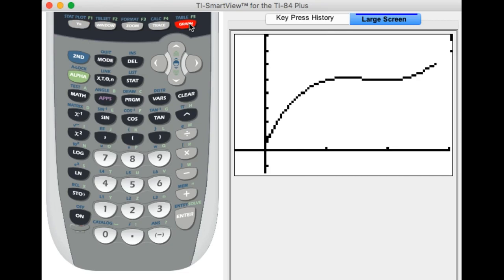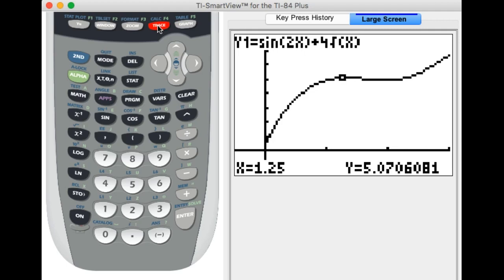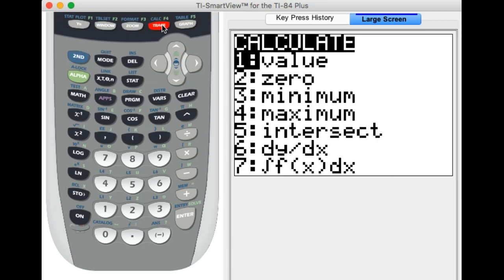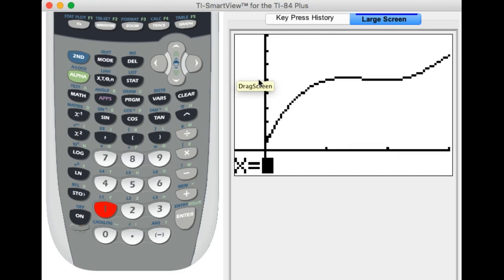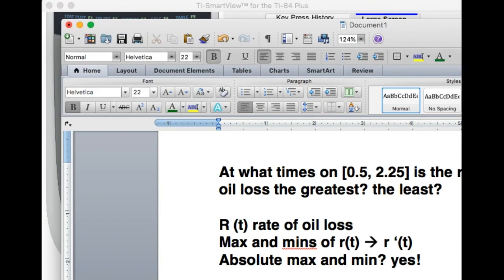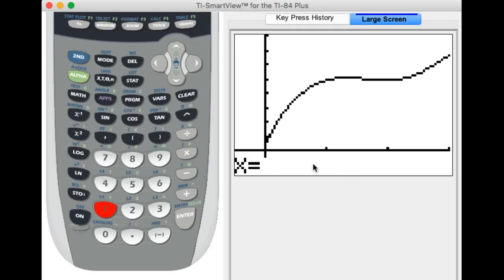And when you're looking at a graph, you can find the value of a specific point, and you should not use the trace function. What you should do instead is use the value function. So I'm going to hit second calc, and I'm going to hit option 1, which is the value. So x equals, and if I remember, 0.5 was the left endpoint.